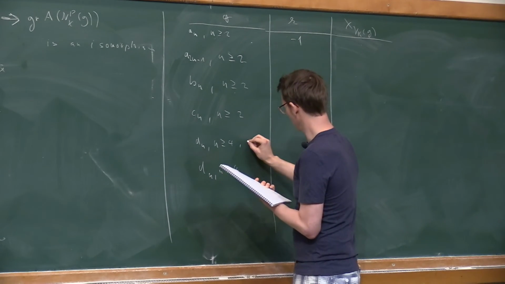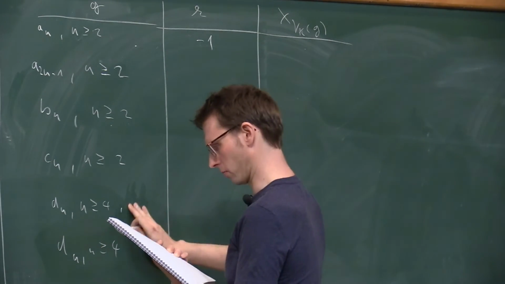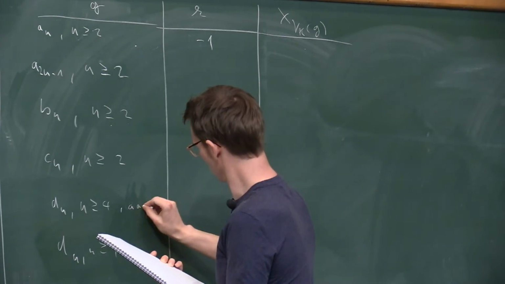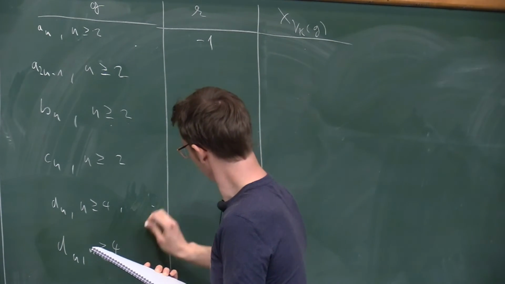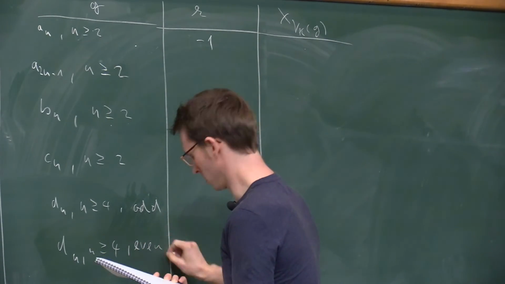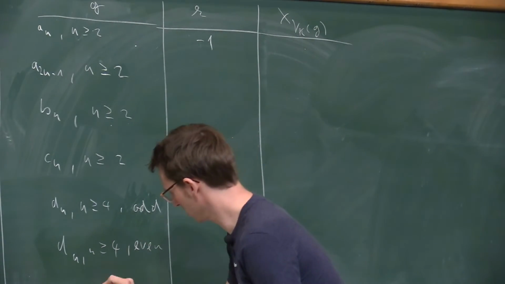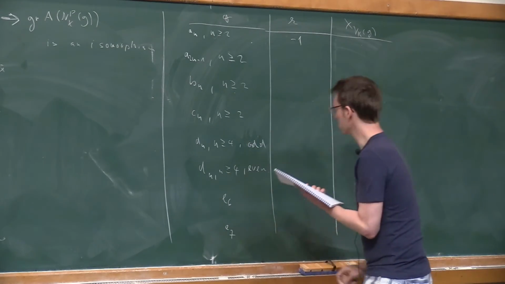So it's for odd and odd. Odd, even, and there is E6 and E7.